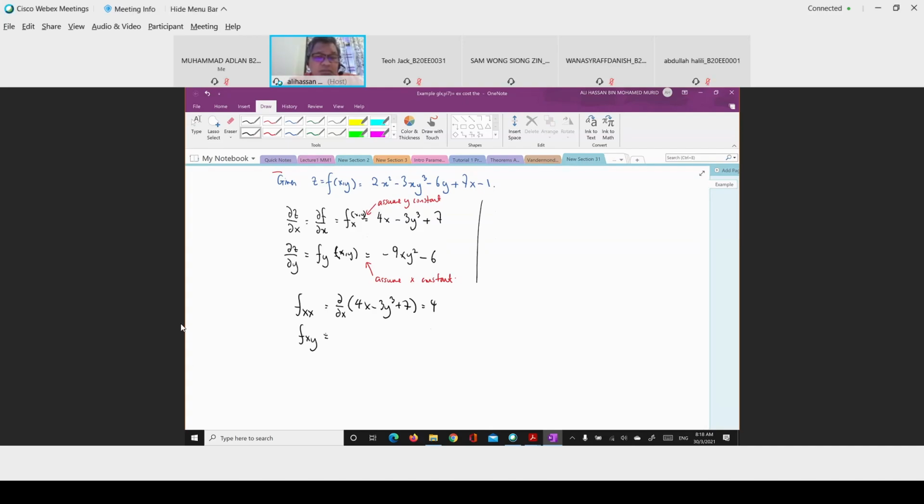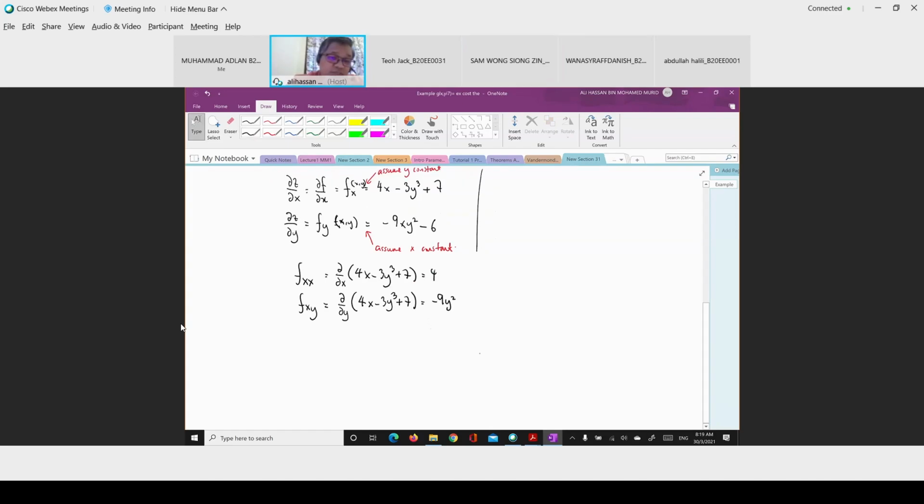What about f partial x partial y? It means we want to calculate the partial derivative of f partial x with respect to y. The answer is negative 9y squared. What about f partial y partial x?